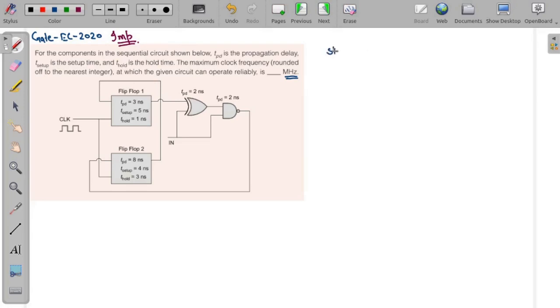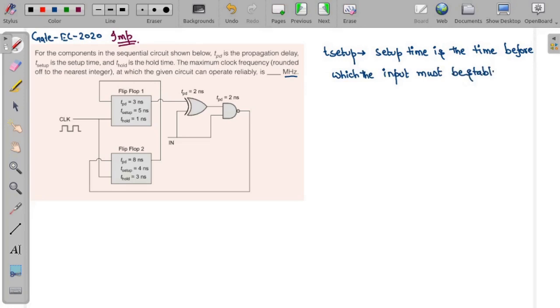So if I write the definition of setup time, setup time is the time before which the input must be stable before the application of clock edge to be considered as valid input.